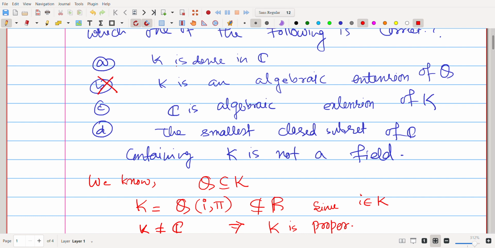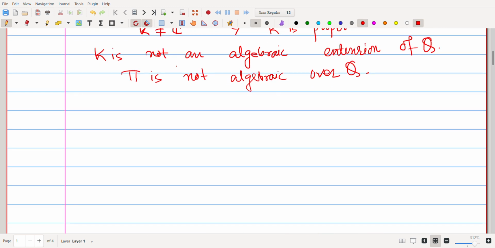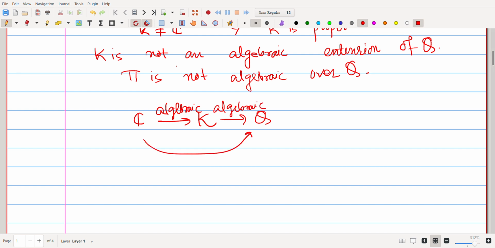Now it is saying that C is an algebraic extension of K, right? This is also not true, because if C is algebraic over K, and if you particularly choose K such that K is algebraic over Q, then this will imply that C over Q is an algebraic extension, which is a contradiction.